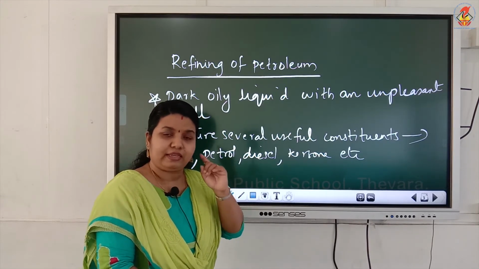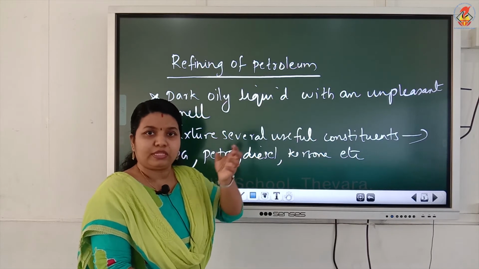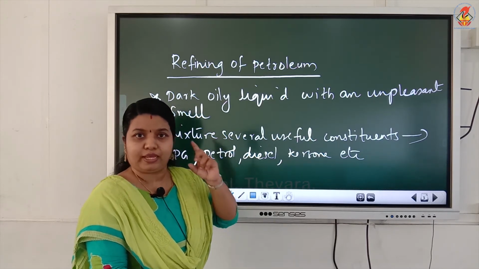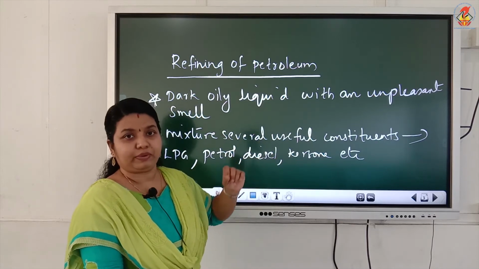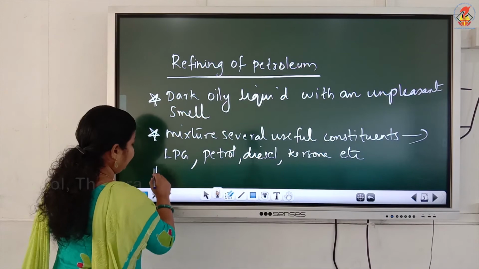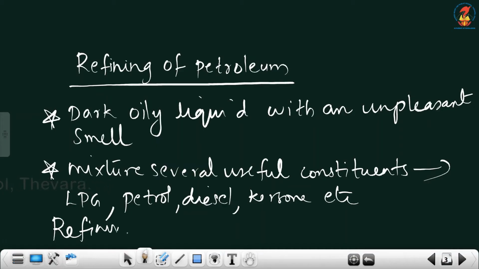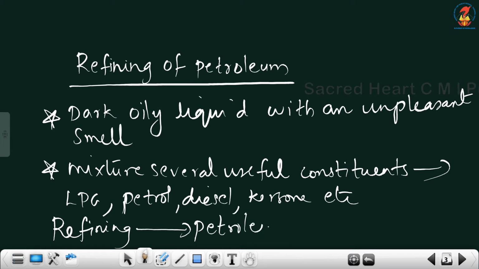Actually, we conducted the same process for coal also, separating the useful constituents of coal like coal tar, coke and coal gas. Here, the useful constituents are separated by a process known as refining. Various constituents are separated by a process called refining. And it is done in a petroleum refinery.